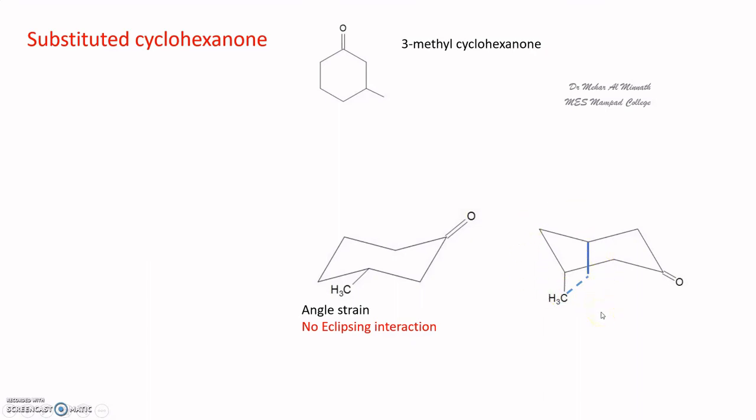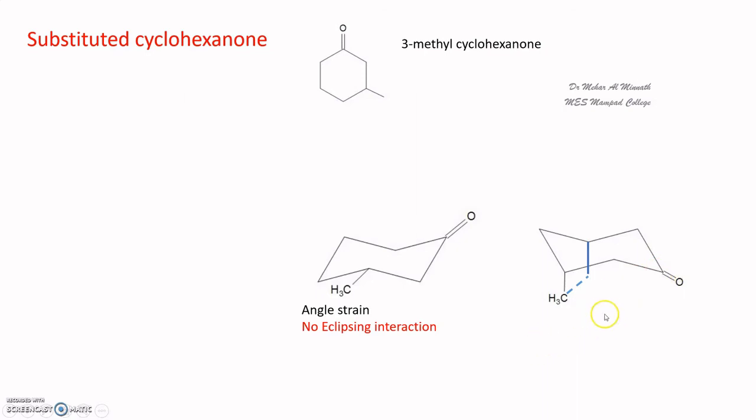Usually for cyclohexanes, and in the earlier case for 2-methyl cyclohexanone, the methyl group will experience two 1,3-diaxial interactions. Here there will be only one 1,3-diaxial interaction, because on the carbon to which the carbonyl group is attached, there will not be any other group.